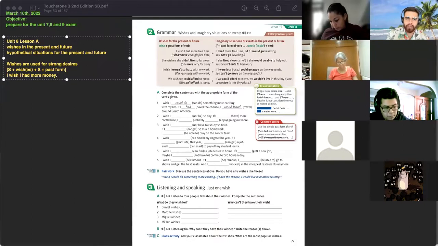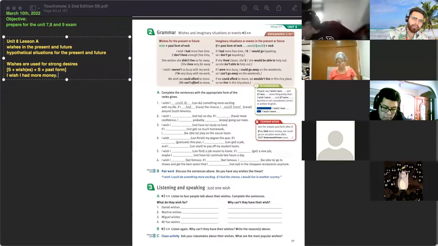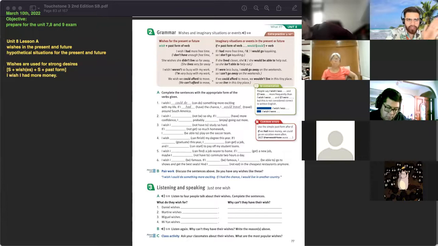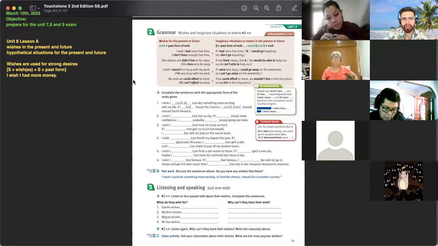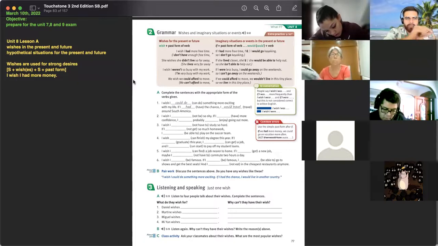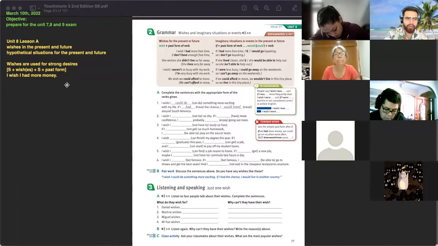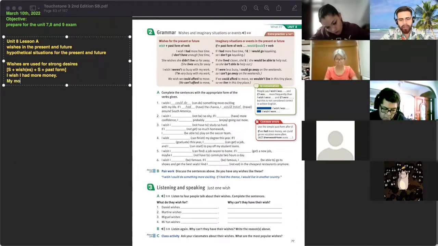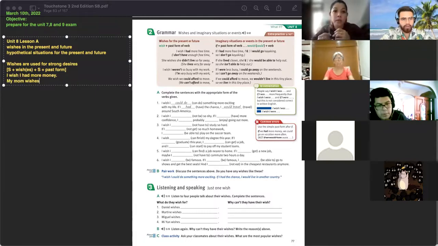I wish I had more money. And we normally use wish in this structure when we're talking about ourselves, or when another person is wishing about themselves. I wish I had more money. My mom wishes she had more free time, or something like that.